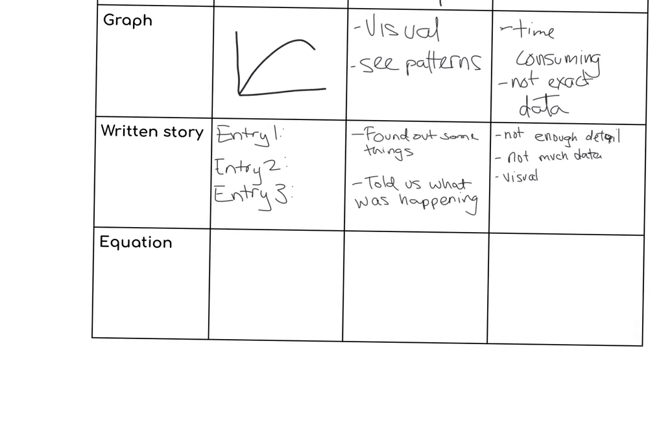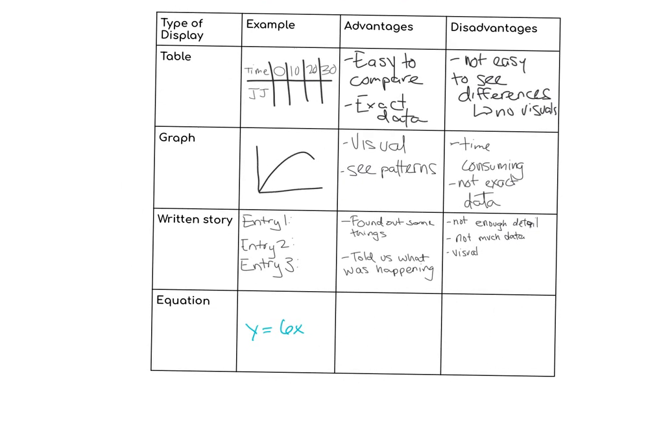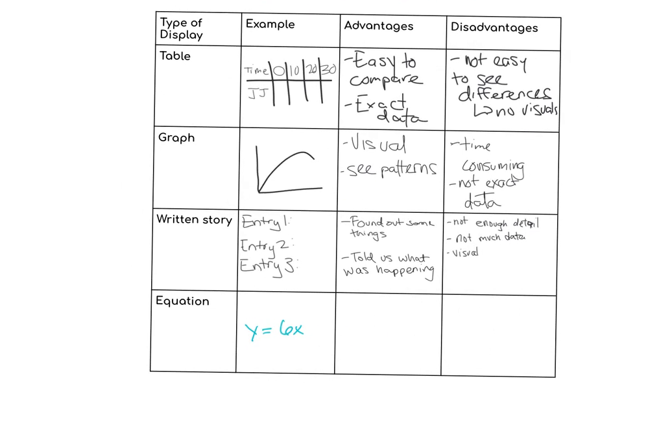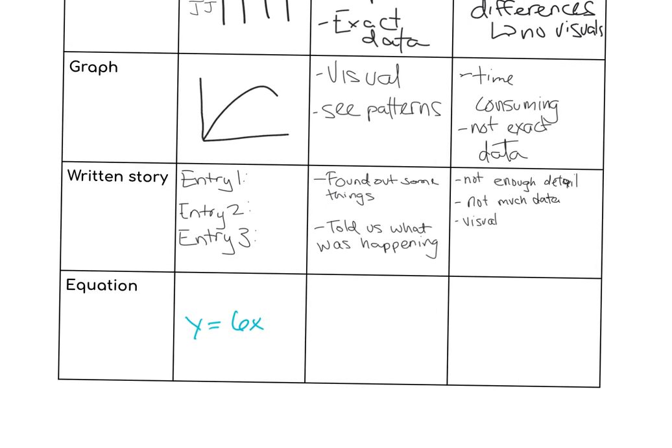Okay. Remember, an equation would be something like y equals 6x. Okay. And that is something that you can decide really what you want to put in the blank for the advantages and the disadvantages. But one advantage I would say is you always know what is coming.